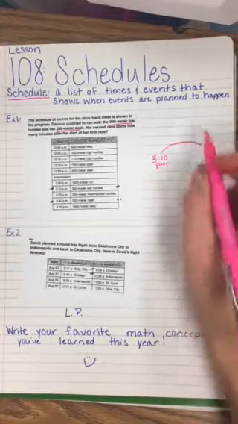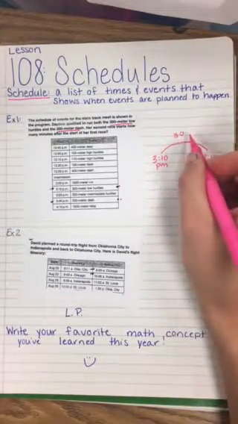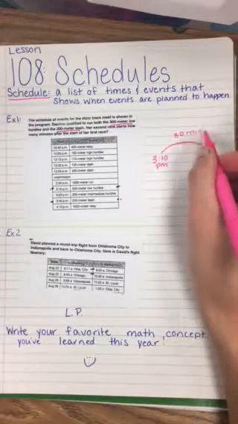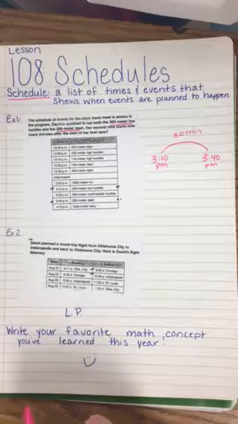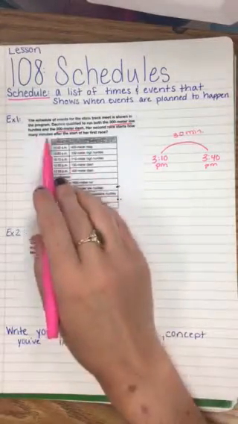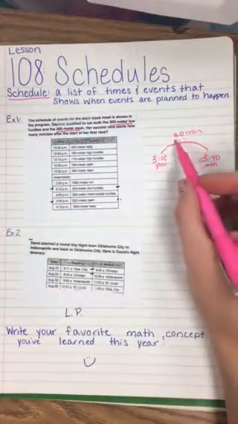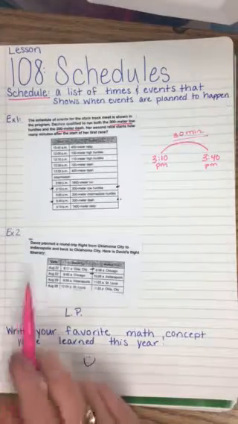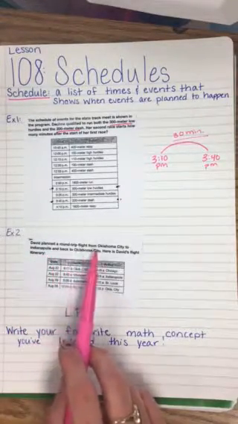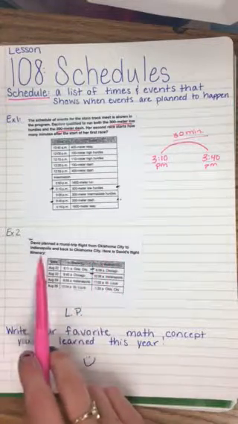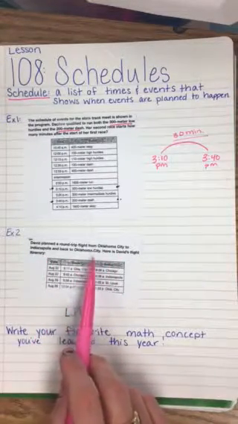So from 10 minutes to 40 minutes is 30 minutes. Okay, that is the correct answer. Is how many minutes after the start of the first race? 30 minutes.